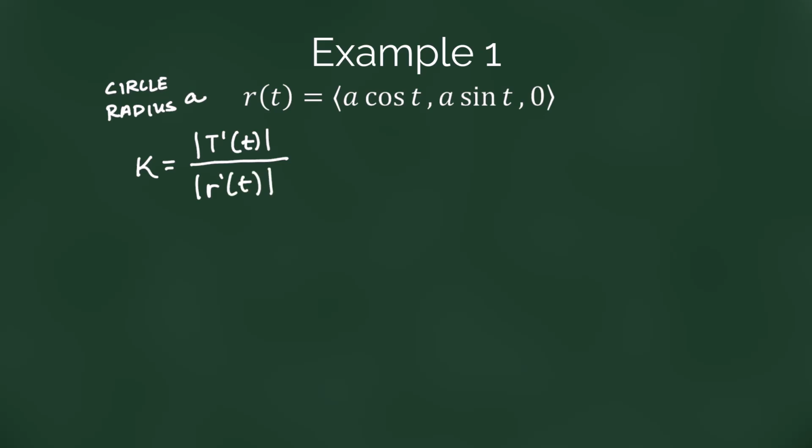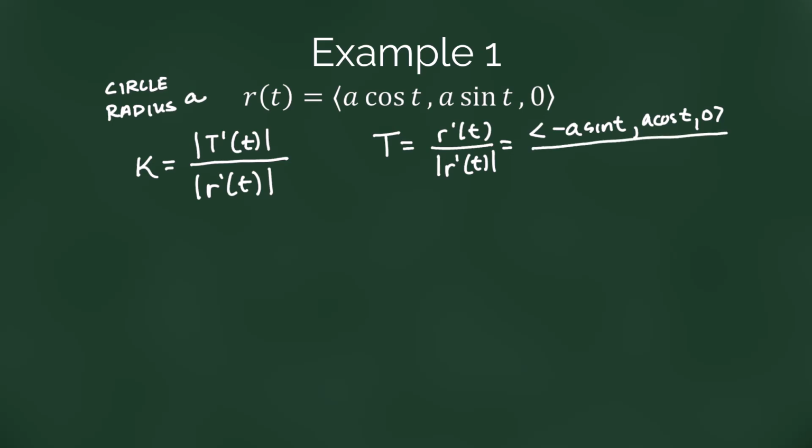Well, first let's find the vector T, which we know is r prime of t over the magnitude of r prime of t. So that is going to be the vector negative a sine t, a cosine t, 0, divided by the magnitude of that, which we can see pretty easily is going to be a, because we get a squared sine squared t plus a squared cosine squared t, and then we take the square root.